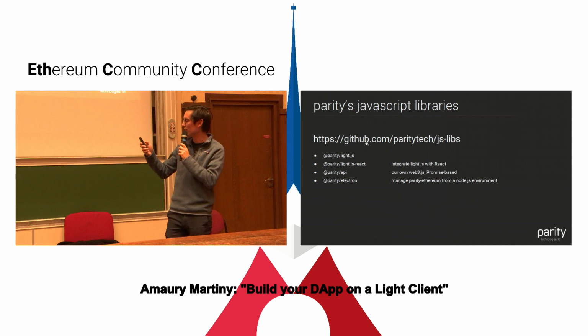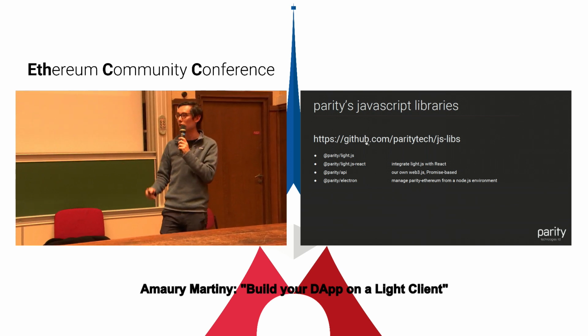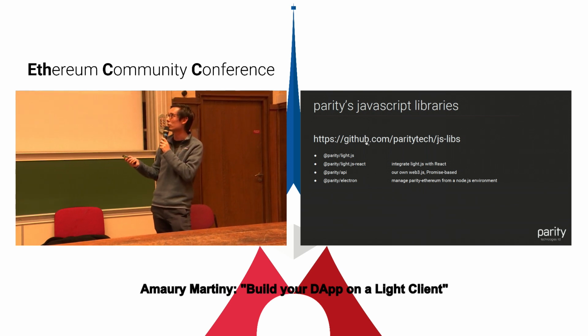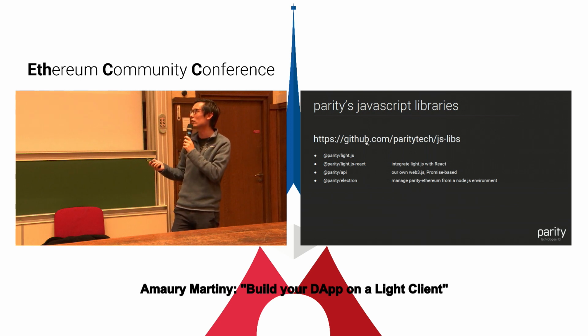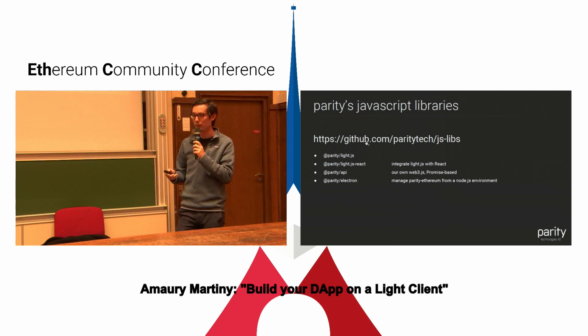If you want to have a look at this URL, this is where we conglomerate all our JavaScript libraries. So Light.js, React, I already talked about it. It uses a bit of the Parity API, which is kind of old. It's our own Web3.js. It's promise-based. It has PubSub support. We still use it. And also Parity Electron to start and stop the node from Electron.